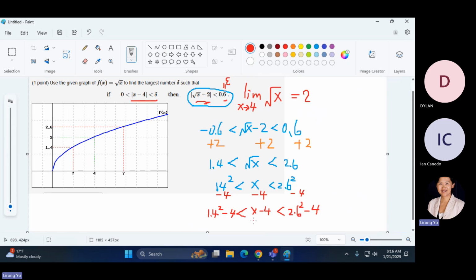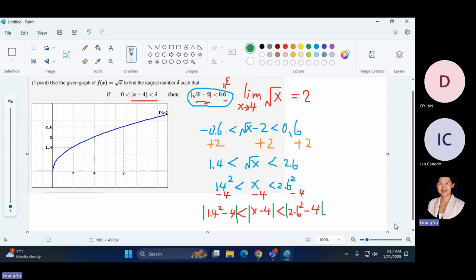However, we're trying to find out the boundary for x minus 4's absolute value. So now we're going to take absolute value. Right, and that's something that won't be automatically true, because if you put absolute value, naturally you can have this. So the absolute value of x minus 4 is less than this, but this is also bounded by that number, and this number is negative, so you have a negative and a positive, and when you put an absolute value, the other number that we should take absolute value of, right?